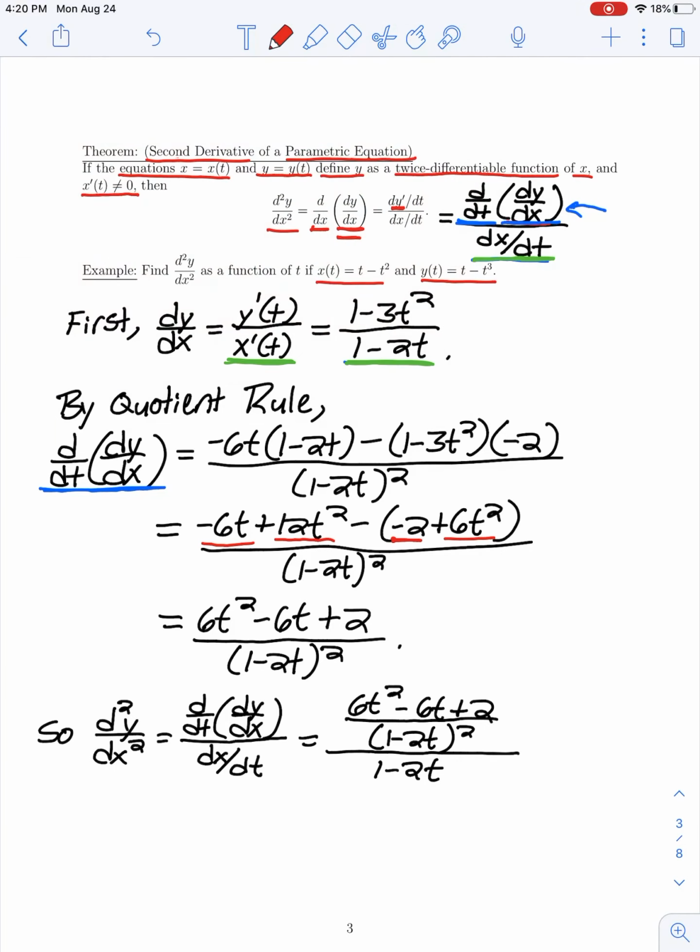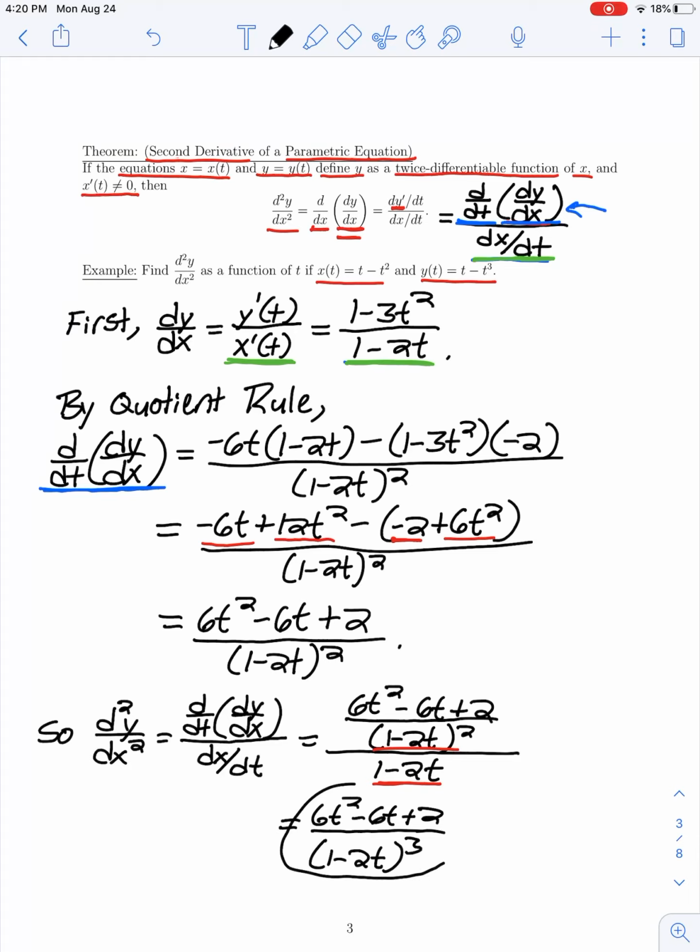So simplifying a little bit, if I take this fraction, where my denominator is (1 minus 2t) squared, and I divide by 1 minus 2t again, then my denominator is (1 minus 2t) cubed. And my numerator is still 6t squared minus 6t plus 2.